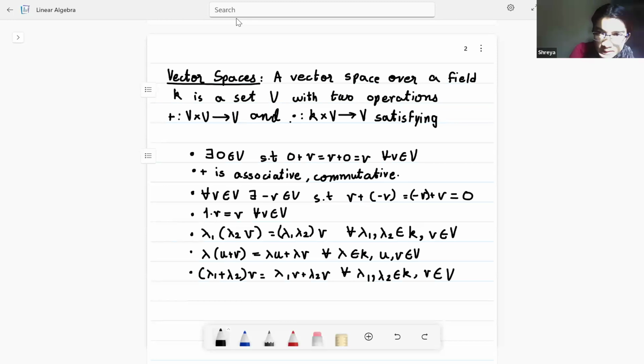It needs to satisfy distributivity. And this is necessary because otherwise you have a fairly trivial thing where lambda v is just 0 for all lambda and for all v. You can have degenerate cases like that, so just to make sure that it's a reasonable sort of multiplication, we have this.